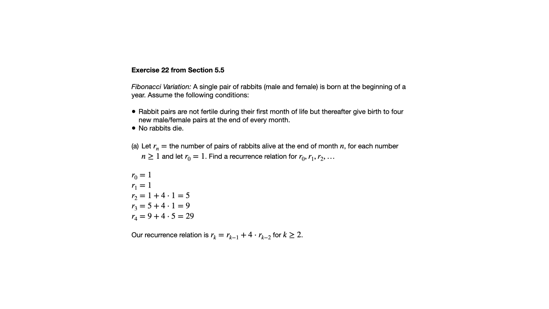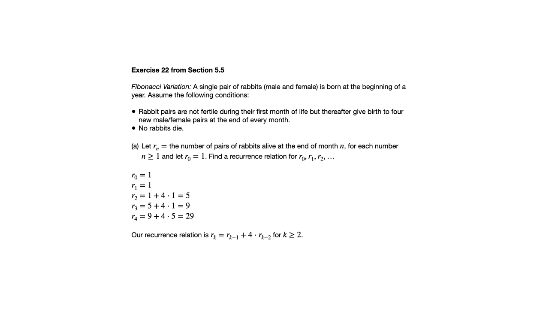And let me just briefly put this in the context of the rabbits, and you can compare this to the original Fibonacci sequence, which would not have the coefficient 4 there. So the r sub k minus 1 is the number of pairs that were around at the end of the previous month.